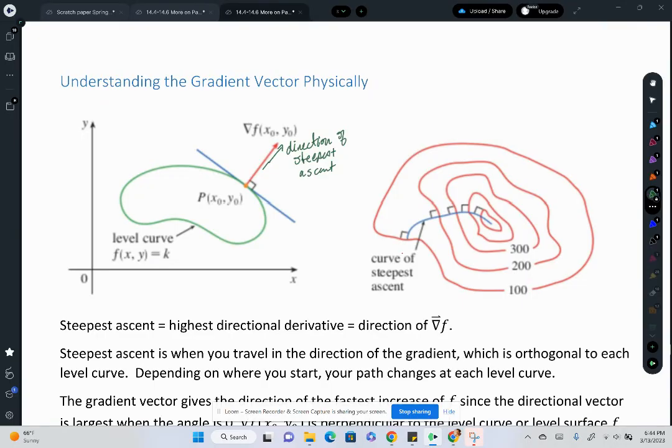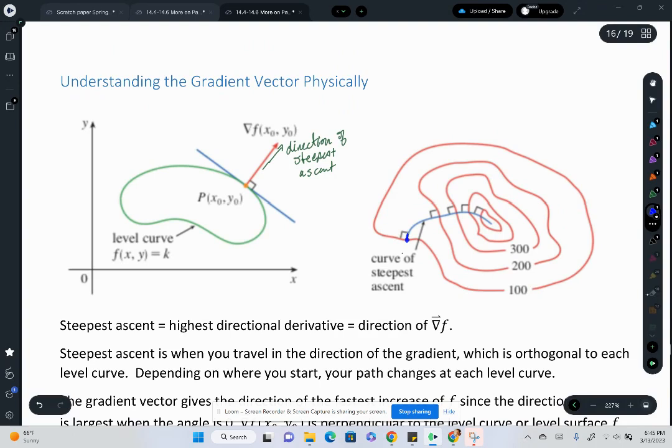Now, the steepest descent is when you travel in the direction of the gradient, which is orthogonal to each level curve. So that has to be true every time. So I really like this picture on the right. If I start right here on this level curve, I have to leave the curve perpendicular to the curve, okay?